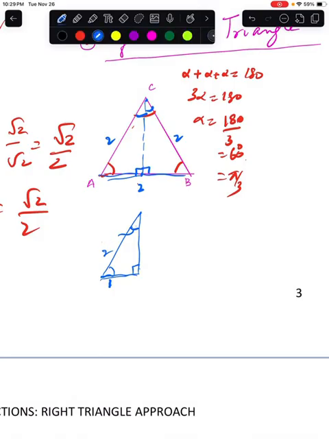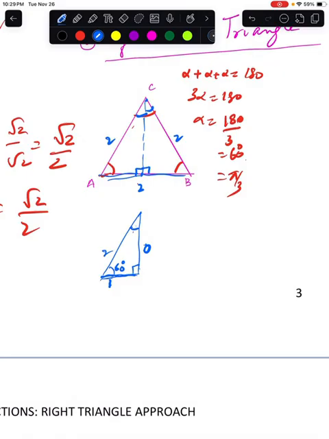Okay, so now with the sides you can see our shorter side is 1 and the longer side, the hypotenuse, is 2. So I should be able to find this side. You're talking about 60 degrees, so this will be the opposite side. So how do I find the opposite side?